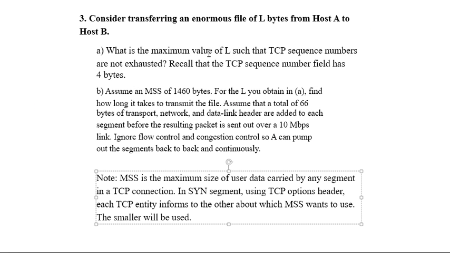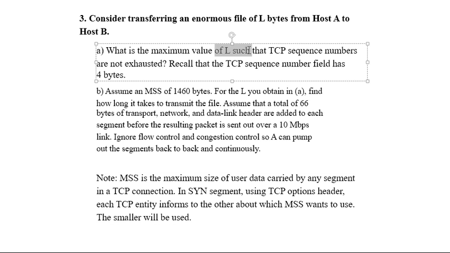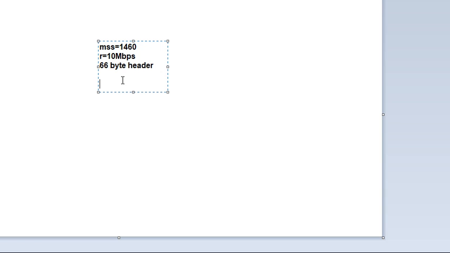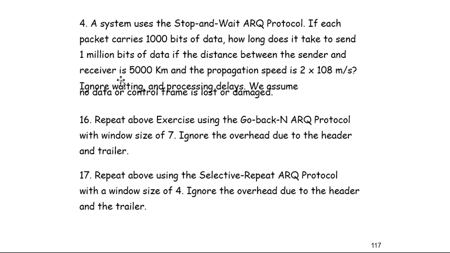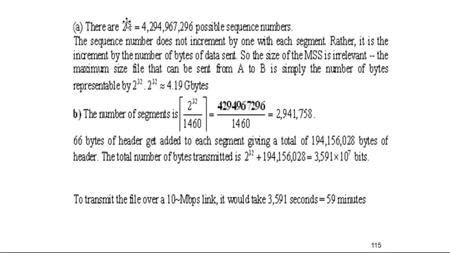Now what is the maximum value of L such that all TCP sequence numbers are not exhausted? How many TCP sequence numbers are there? Because the sequence number field is 32 bits, the sequence numbers would be 2 to the power 32. So here is the solution: 2 to the power 32 possible sequence numbers.